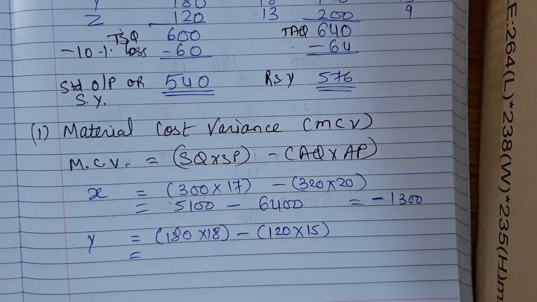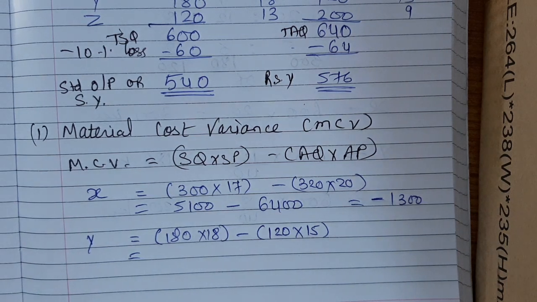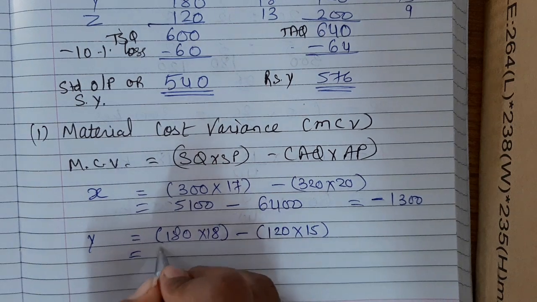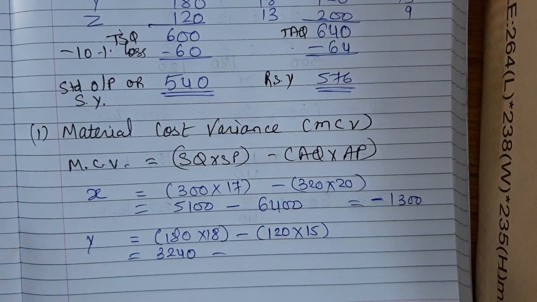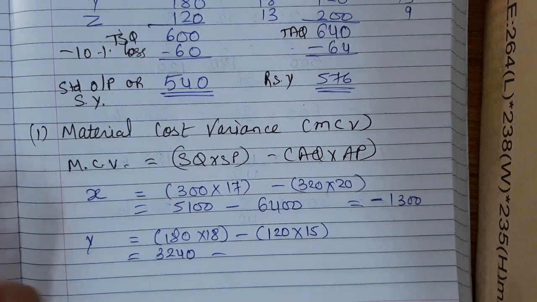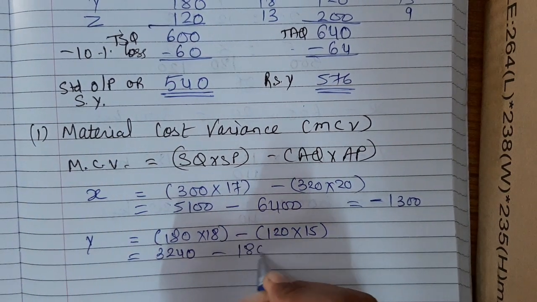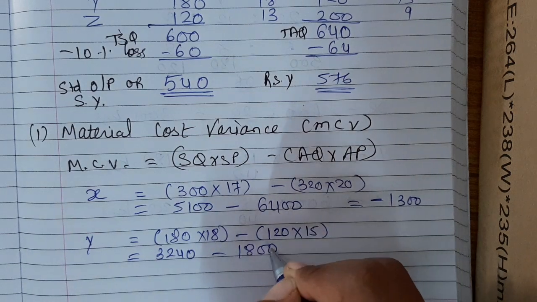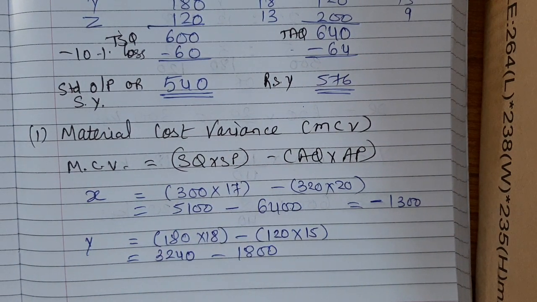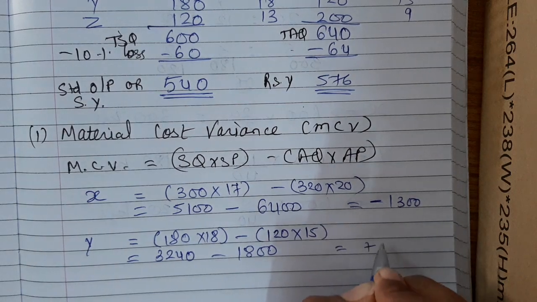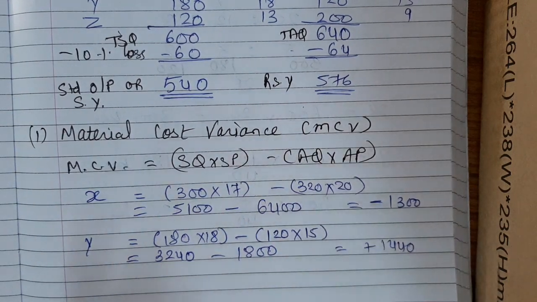So 180 into 18, that will be 3240, and 120 into 15, that is 1800. See, these answers are already given in your example. So if you cannot multiply this, you can directly take it from the example. So the answer would be positive 1440.